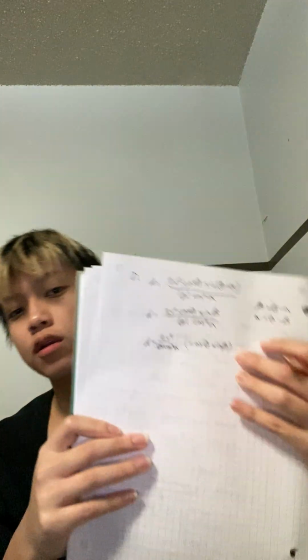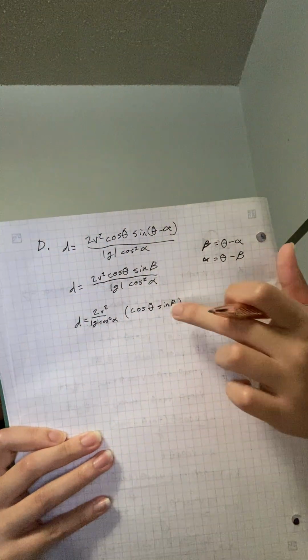From here, you are able to use your product angle identity to substitute cosine theta and sine of beta.